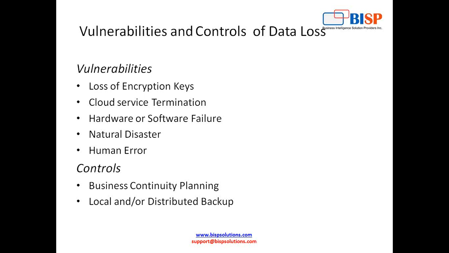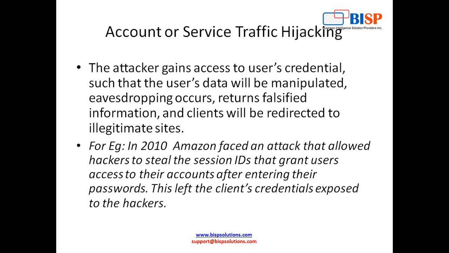That is the problem of account or service traffic hijacking. As an example, in 2010 Amazon faced an attack that allowed hackers to steal session IDs that grant users access to their accounts after entering their passwords. This left the clients' credentials completely exposed to the hackers.